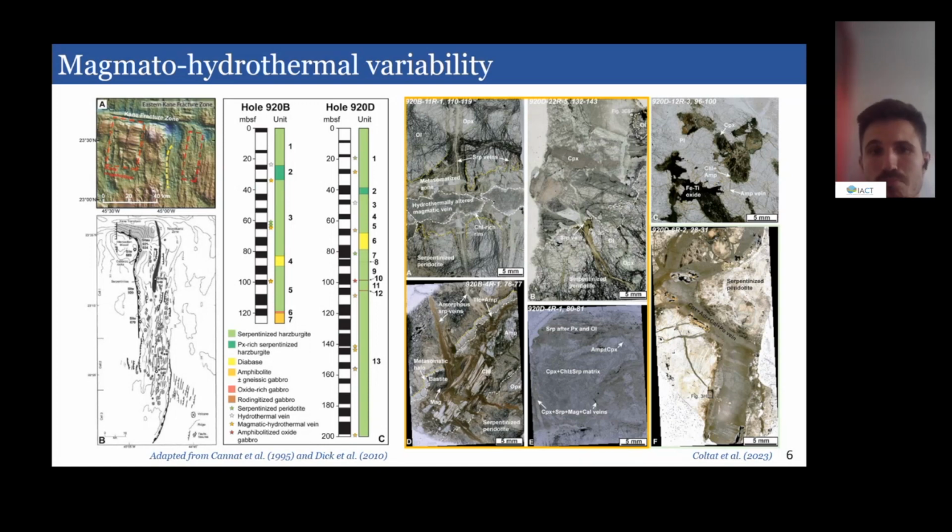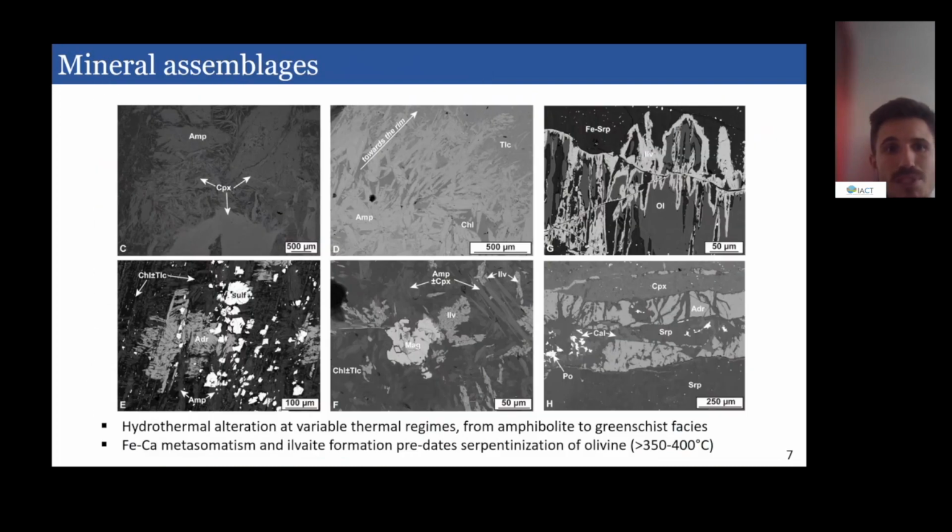And this variability of texture is supposed to be representative of the magmato-hydrothermal processes that occurred in mantle rocks during their exhumation. So zooming on these veins, we performed a petrographic investigation. And so I present you here some pictures of the mineralogy present in the veins.